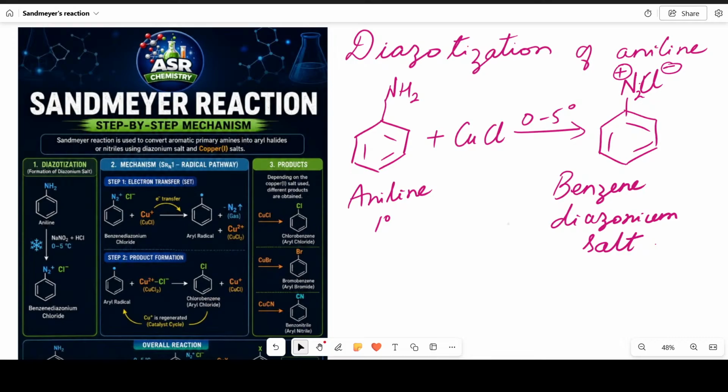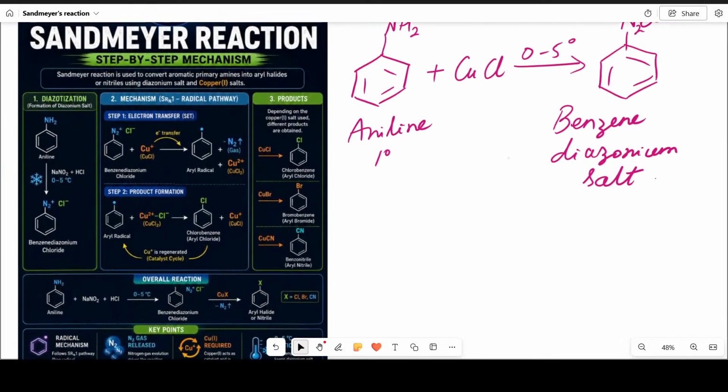Next, let us look into the mechanism of the Sandmeyer's reaction. In the mechanism, step 1 follows the single electron transfer method.